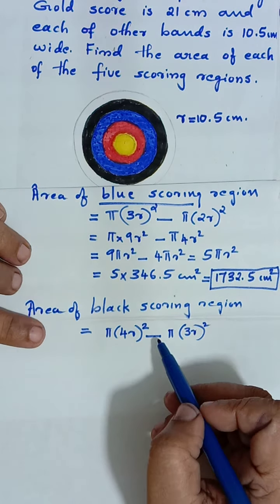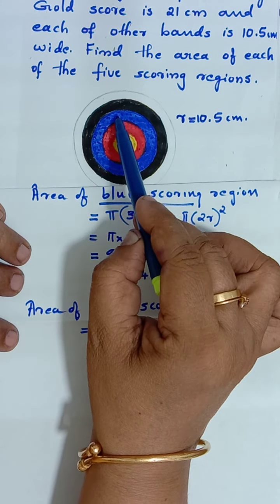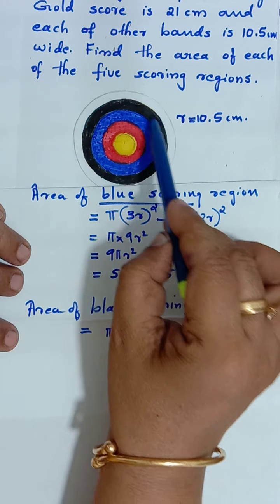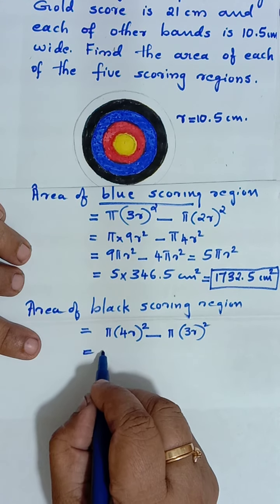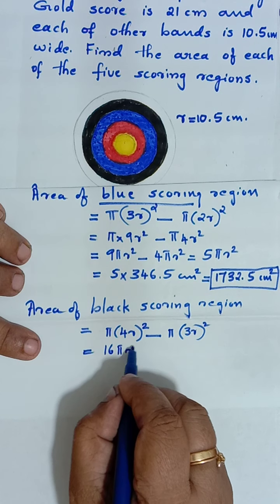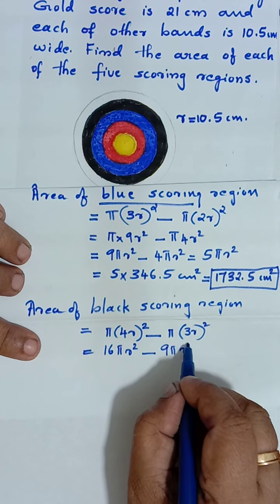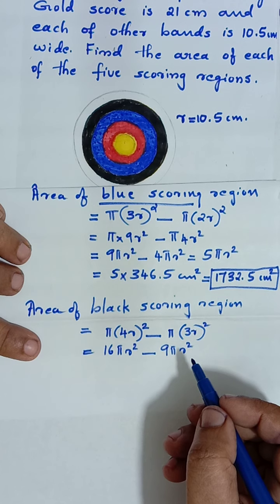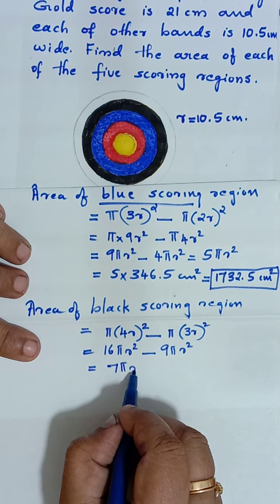You are subtracting the area of this region from this bigger circle. So 4 square is 16 pi r square minus 3 square is 9 pi r square. 16 minus 9 is 7 pi r square.